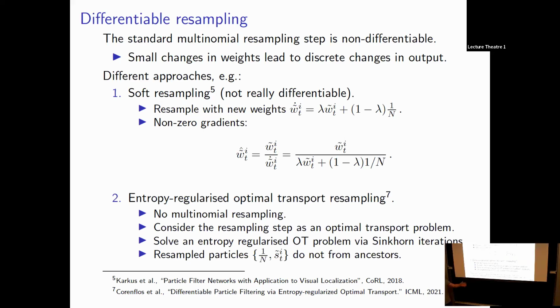So for example, there is entropy regularized optimal transport resampling. It uses an entropy regularized optimal transport method, through the Sinkhorn algorithm, to basically move samples, by minimizing the distance between the particles after resampling and the weighted particles before resampling.